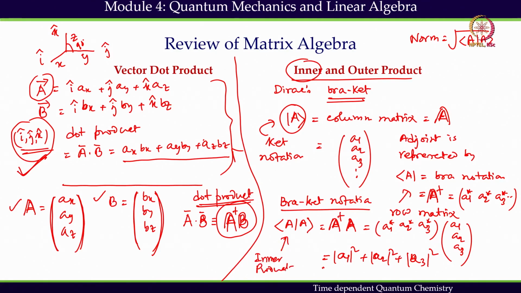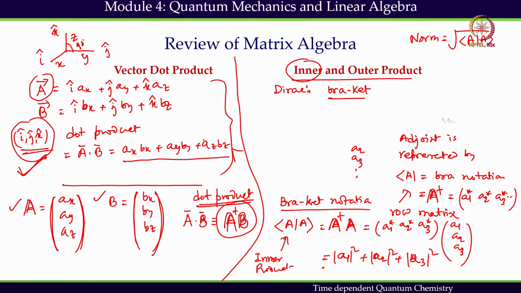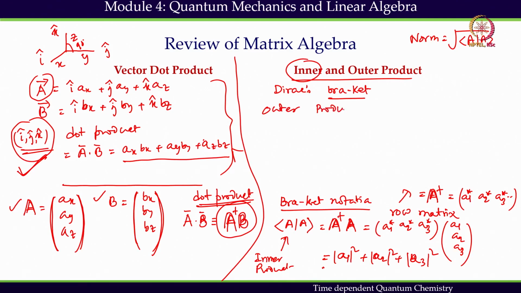Similarly, I can define the outer product as well, and the outer product is going to be the following. In this case I will not have a bracket, I will have ket bra. So, the outer product is given by ket bra, which means I have this multiplied by this.